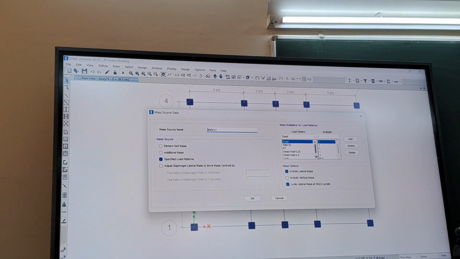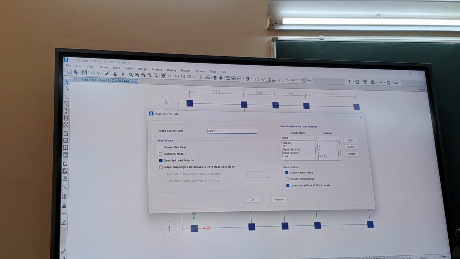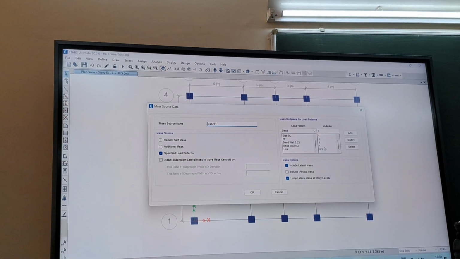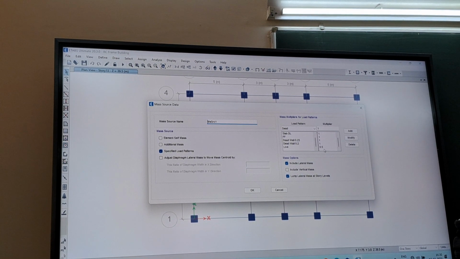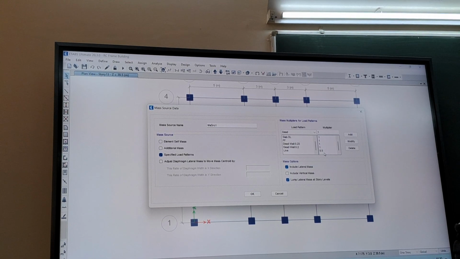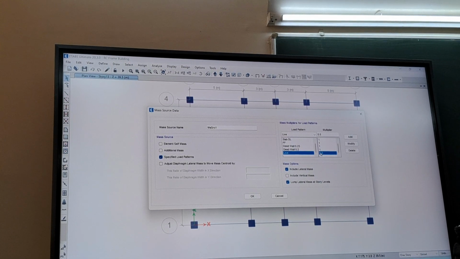Yeah. So mass source is dead load 100% and live load if it is more than 50% and it is less than 3 then 25%. Now we have provided 3.5 kN per meter square. That's why here factor is 0.5, that means 50%.